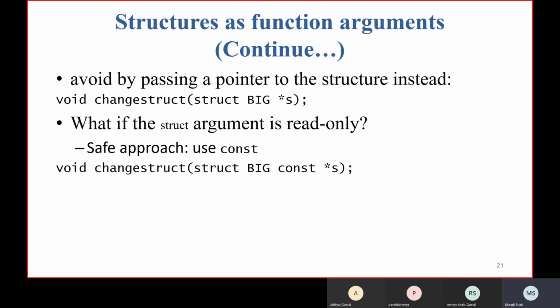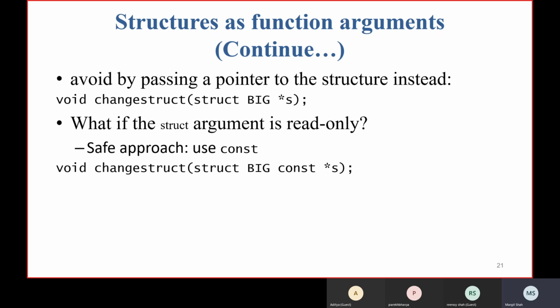Avoid this by passing a pointer to the structure instead. So here void again, nothing to be returned, and change struct is the function, then struct big star s. So avoid passing by value, pass a pointer to the structure instead. Doesn't mean that we cannot use it.